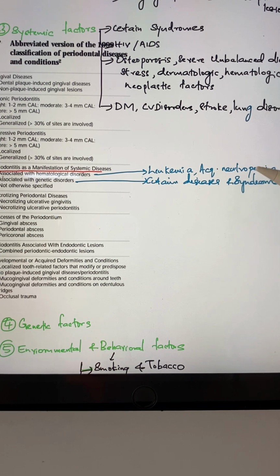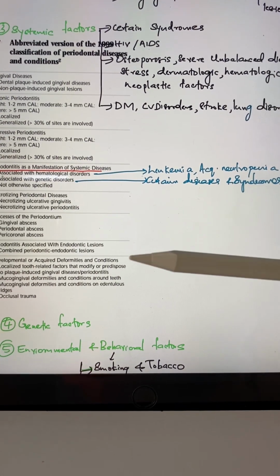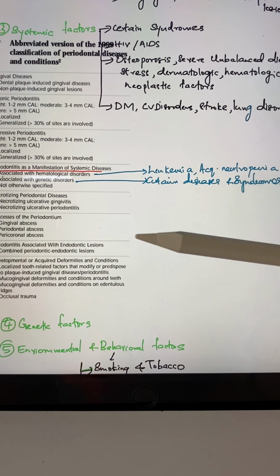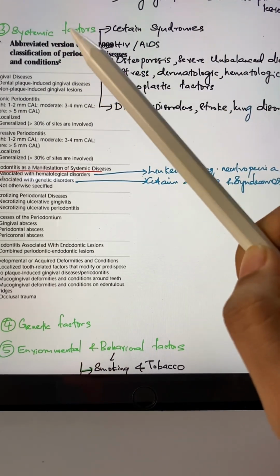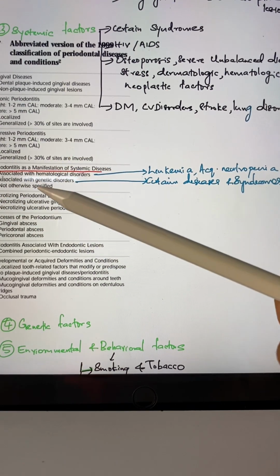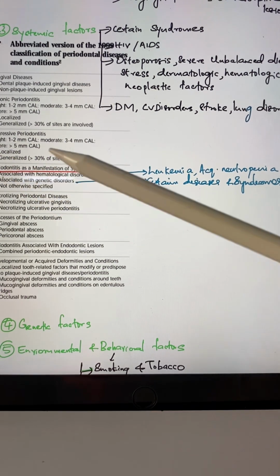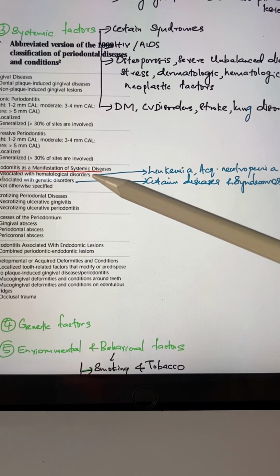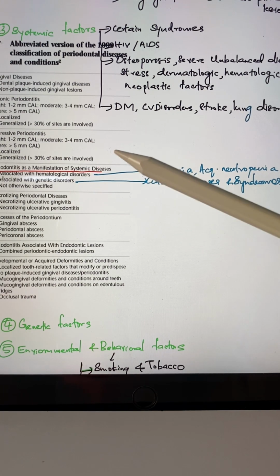Then osteoporosis, like that. And this is a table of the abbreviated version of the 1999 classification of periodontal tissues and conditions. In that they mentioned periodontitis as a manifestation of systemic disease, one is associated with hematologic disorder like leukemia, acquired neutropenia and all.